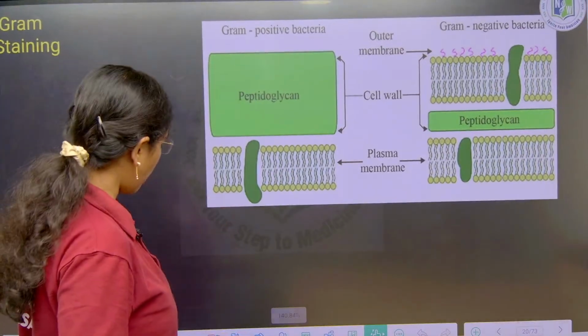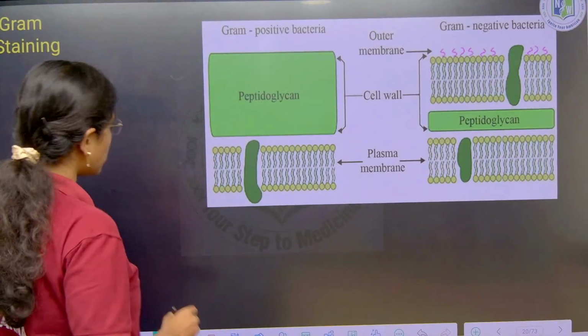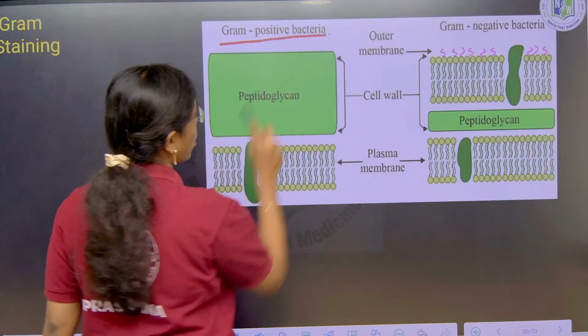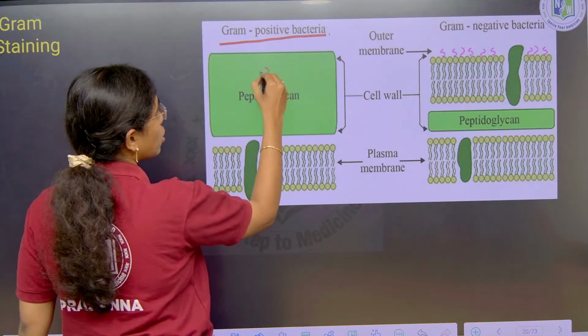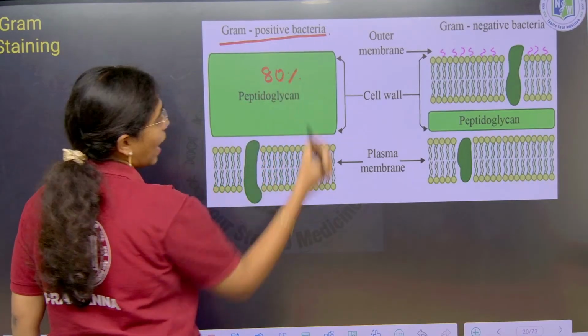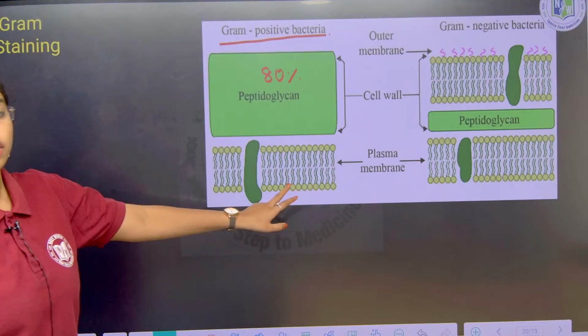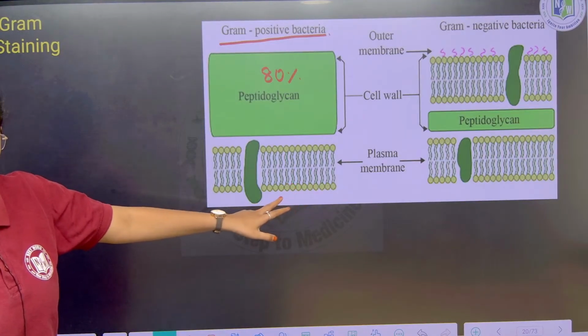The cell wall composition. In gram positive bacteria, if you observe, 80% peptidoglycan is present and just 20% polysaccharides and lipids are present.